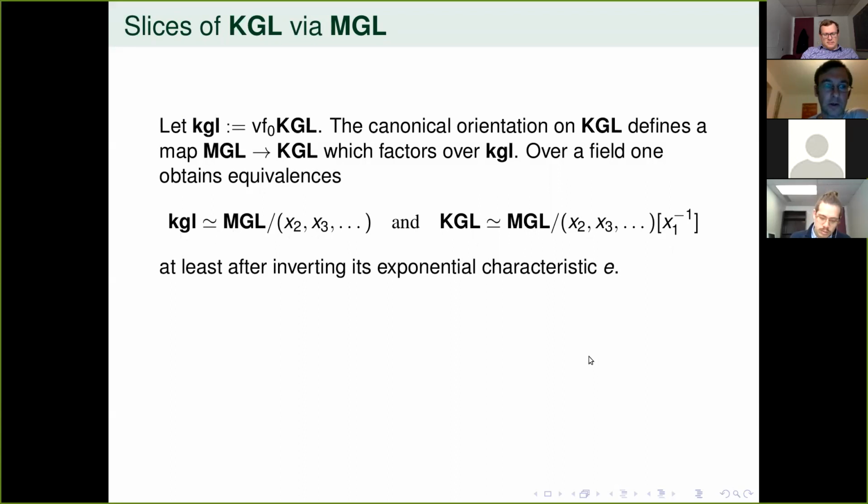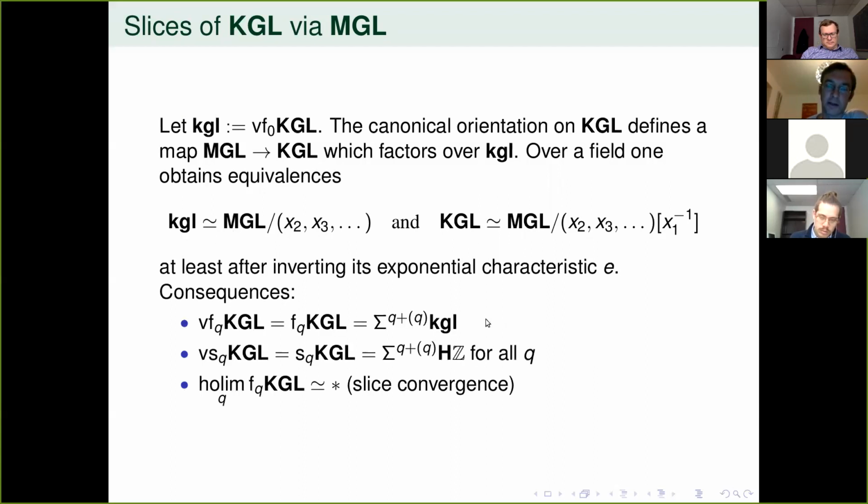And from this, you get the computation of the slices that are already stated, but also that the q-th effective filtration for KGL is the q-th very effective filtration, and that it's just the zeroth very effective cover shifted around.